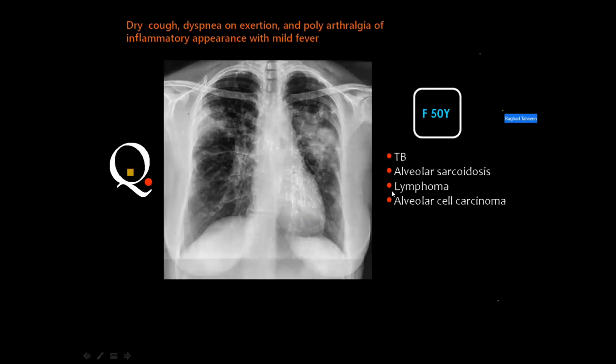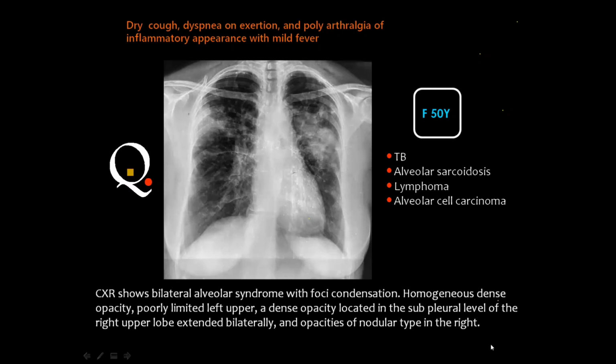Actually, TB is one of the good possibilities, especially for the area where we are living. And you got patchy opacities, nodular lesions, and most of the lesions are located in the upper lobes. You may think of this, but alveolar sarcoid can provide this appearance also. Lymphoma can show this appearance, and alveolar cell carcinoma can also appear like this.